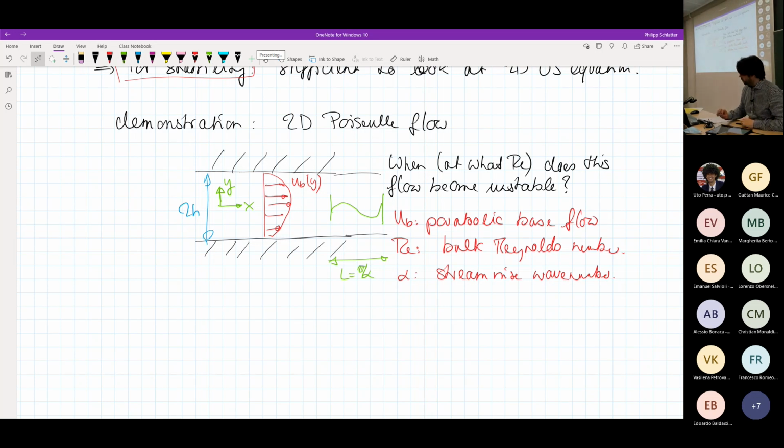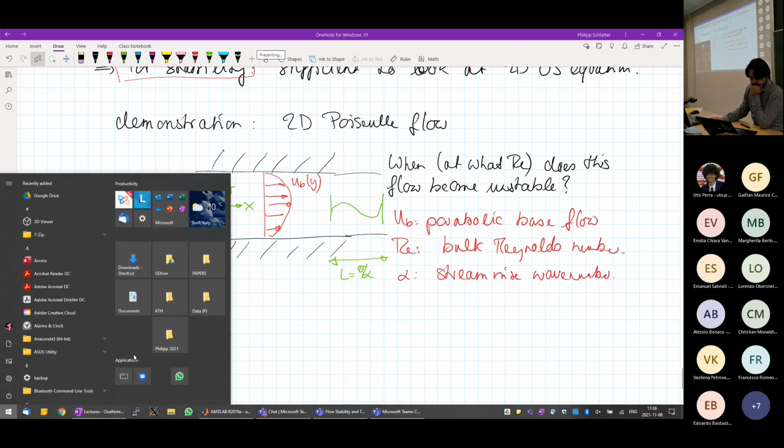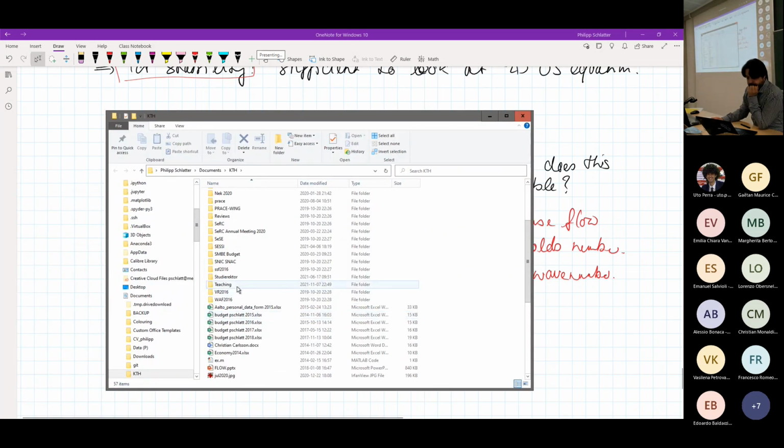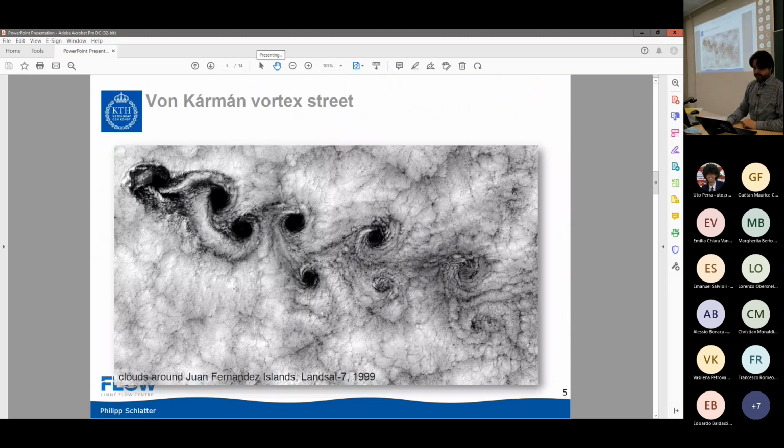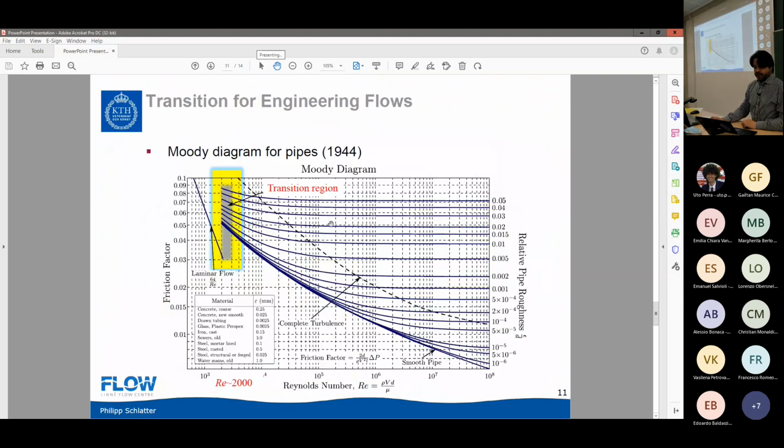If we go back to the Moody diagram, this was pipe flow, but you can see here that the Reynolds number was around 2000 when it became unstable for pipe flow.